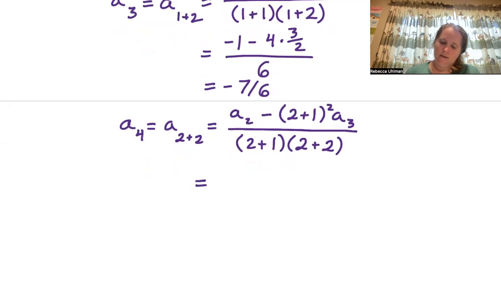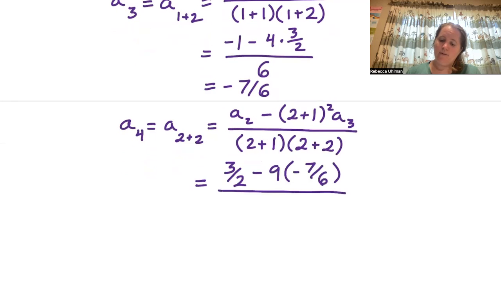Plugging in, a sub 2 was 3/2. Then we are subtracting 9 times -7/6 divided by 3 times 4, or divided by 12. So this is 3/2 plus 21/2 divided by 12.